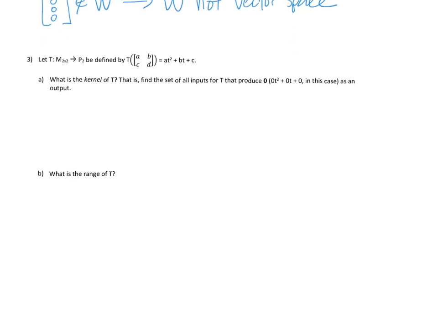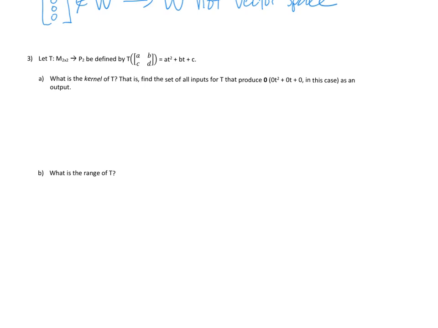Okay, last one. We have a linear transformation T. T goes from the set of all 2x2 matrices as its domain and gets mapped to P2, the codomain. And P2, remember, is the set of all polynomials of degree 2 or less.